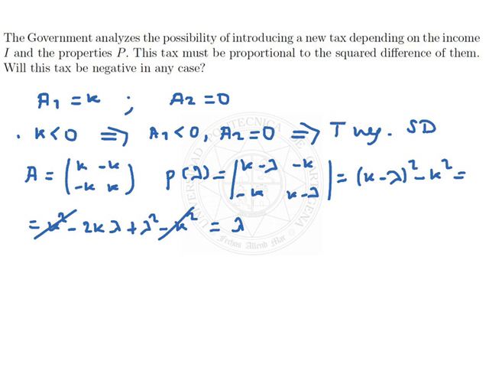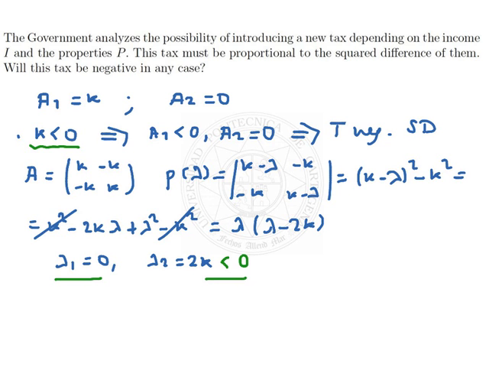So lambda is a common factor of lambda minus 2k. The eigenvalues are 0 and 2k. So if we are in the case in which k is less than 0, this would be less than 0, and we would have a null eigenvalue and a negative eigenvalue. So t is negative semi-definite.